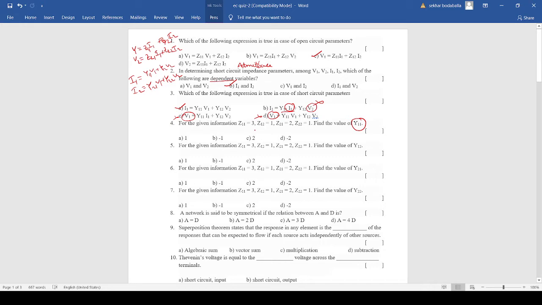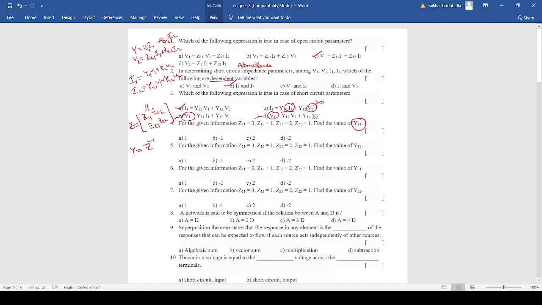So in such cases, what you have to do is you take the Z matrix. What is the Z matrix? Z11, Z12, Z21 and Z22. Once you know the Z matrix, if I want Y parameters, we know Y is equal to Z inverse.